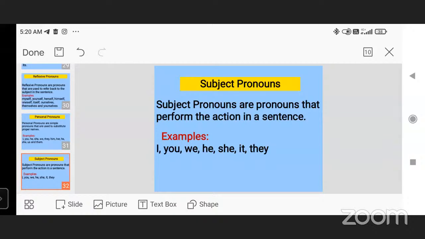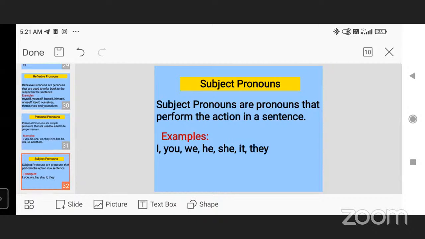So it is the main thing in the sentence. As I told you already, it is the personal pronoun. Personal pronoun has a subdivision: subjective and objective. Subjective is used to stand at the start of the sentence. You like coffee? In this, the subject is "you".